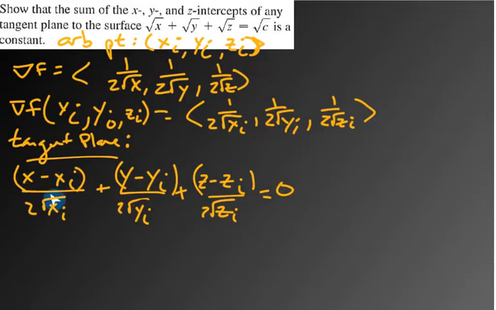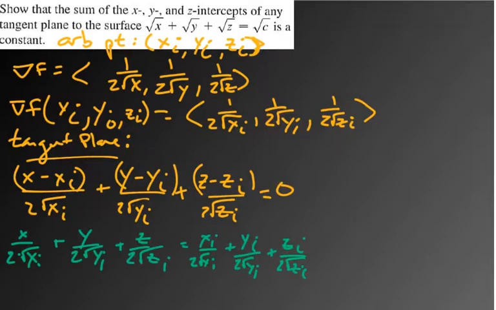Now I'm going to do some clever algebra. I'm going to split these terms and move the x sub I thing over, the y sub I thing over, and the z sub I thing over. If I do that, I'm going to get that. And this thing, if you multiply top and bottom by root x sub I, then you can kill this square root, and you'll get one up top, but then you'll have an x sub I over an x sub I, and those will cancel.